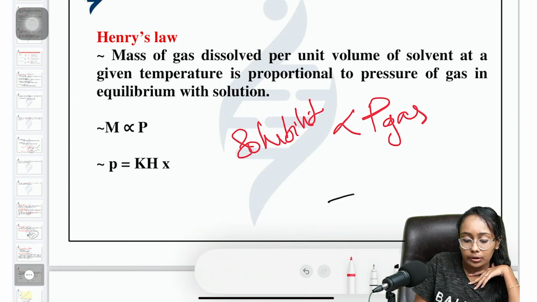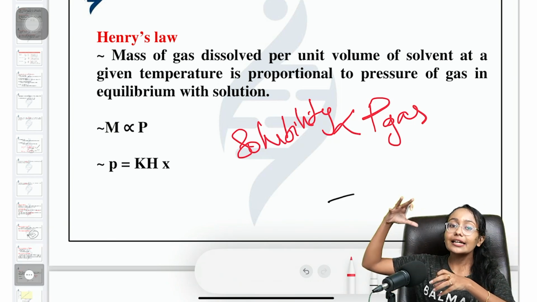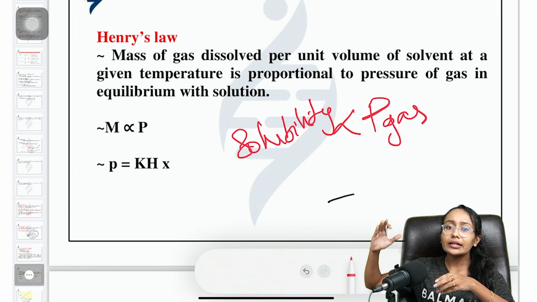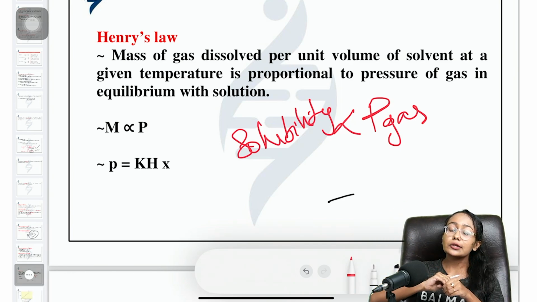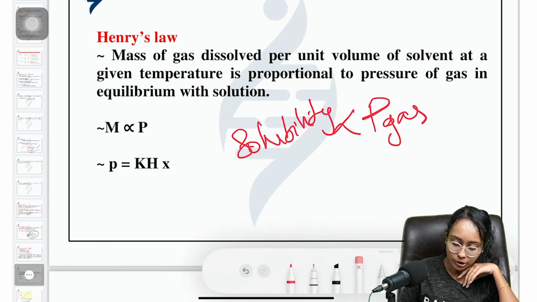Solubility of a particular gas increases as the partial pressure increases. As I increase the pressure of carbon dioxide, the solubility of carbon dioxide in the carbonated drink increases. So solubility is directly proportional to partial pressure of the gas.